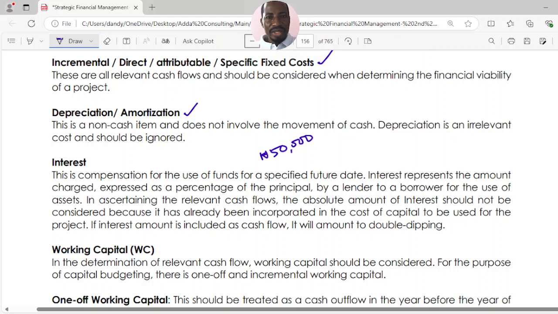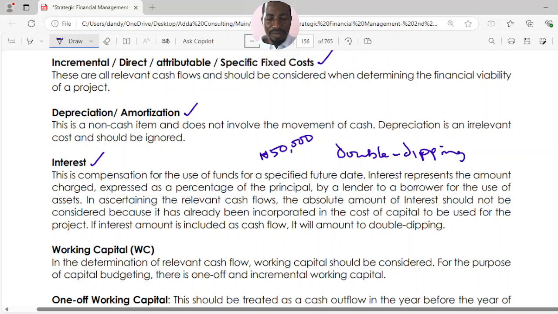The cost of debt already included interest, because we used interest to compute the cost of debt in order to calculate the weighted average cost of capital. Therefore, if you include the naira amount of interest in determining the financial viability of a project, you are double dipping. That is, you are treating interest twice. So whenever you see interest in a question, you should ignore it because it is not relevant.